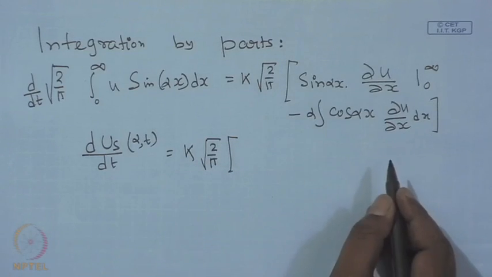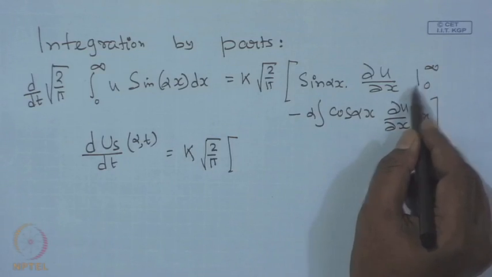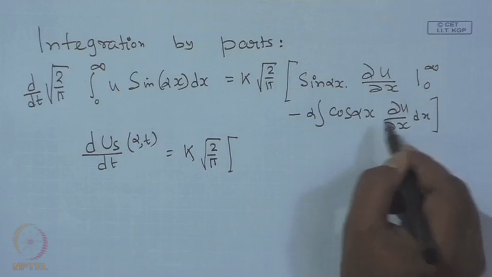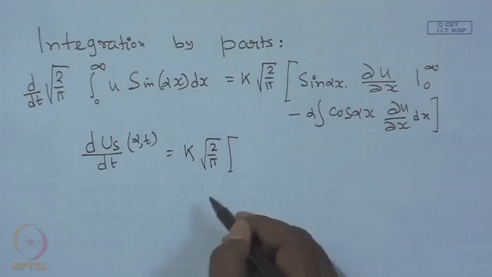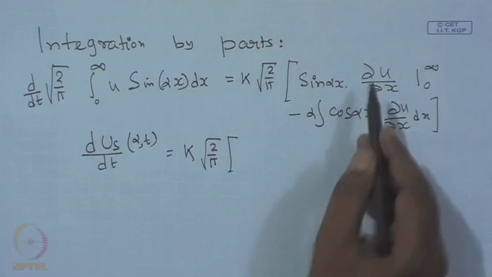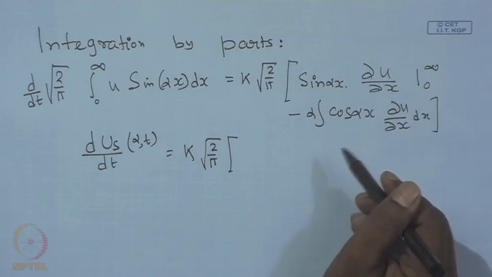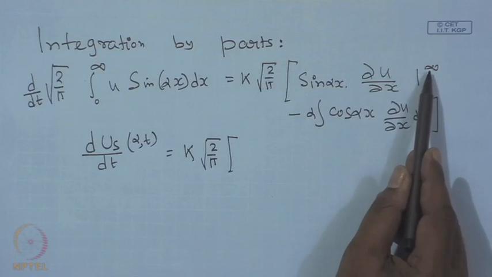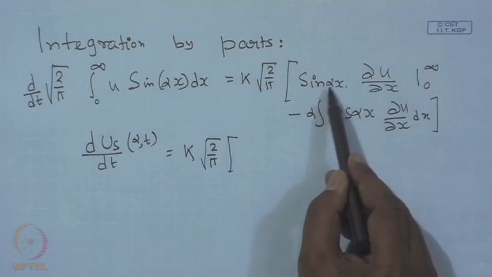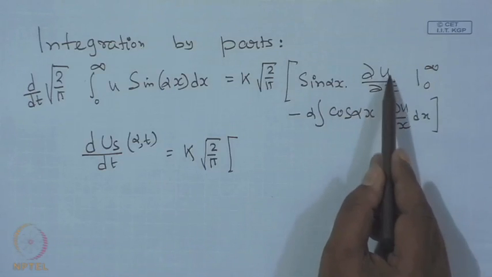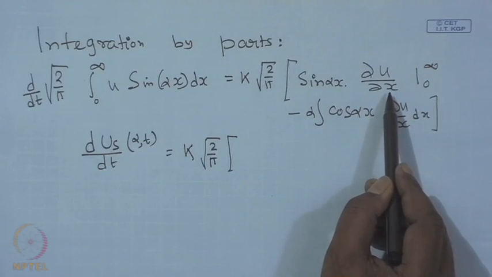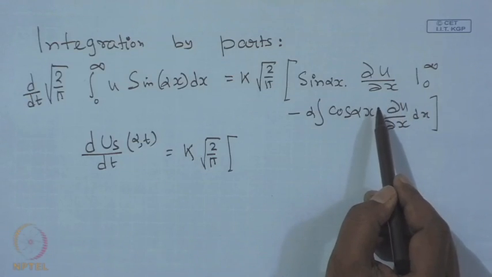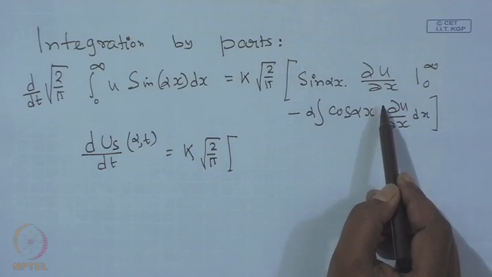So, when you put infinity, then we had the condition del u del x at infinity equal to 0. When you put x is equal to 0, then sin 0 is equal to 0. So, this term will not be contributing anything. Let us put these boundary conditions once again and explain. At infinity, this will be sin alpha infinity del u del x evaluated at infinity. If you remember, we had the finite boundary condition that at x equal to infinity, u is equal to 0 and del u del x is equal to 0.